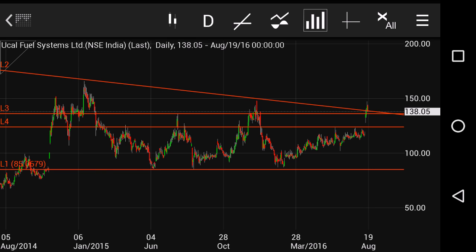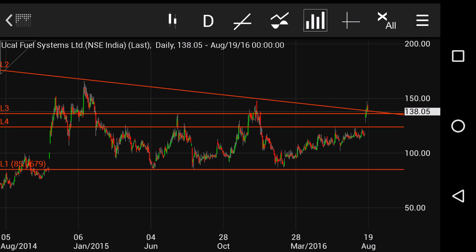So the risk reward is very good, 1:5. Stop loss is of 10%. Target is around 50%. So this can be a good setup. This is a flat triangle breakout.